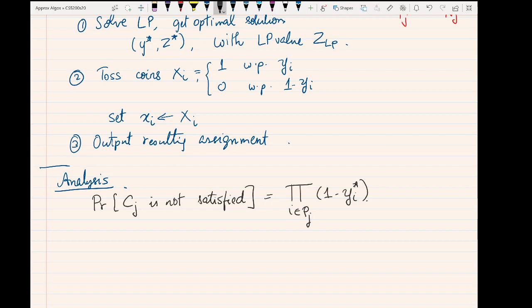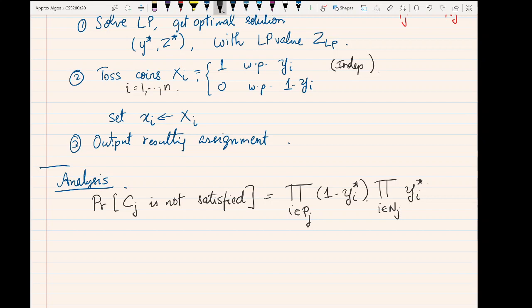And because the coins are tossed independently, this is the probability that all the positive literals are set to 0. Similarly, what is the probability that all the negative literals are set to 0? Well, this is just the product of all the yi stars where the i's are negative literals.